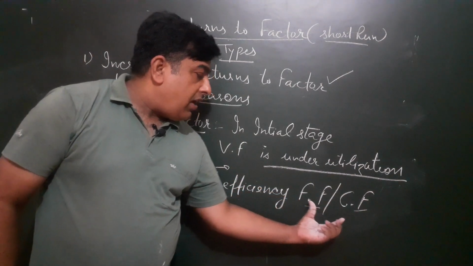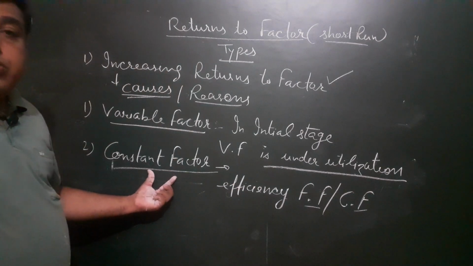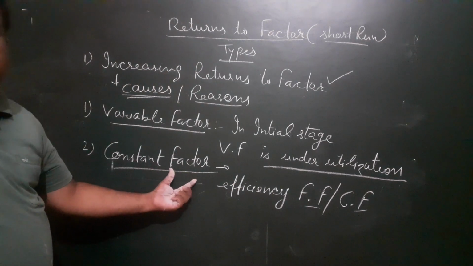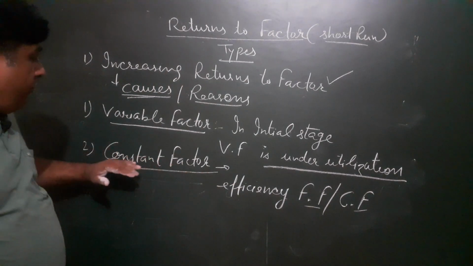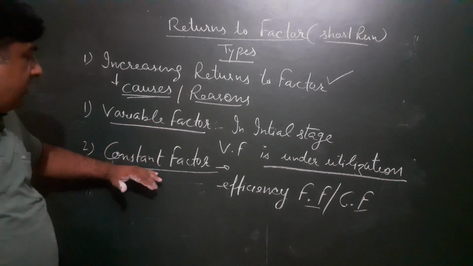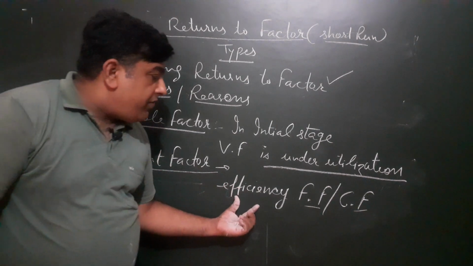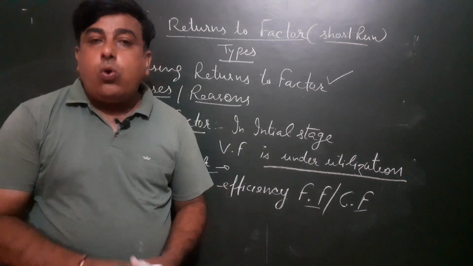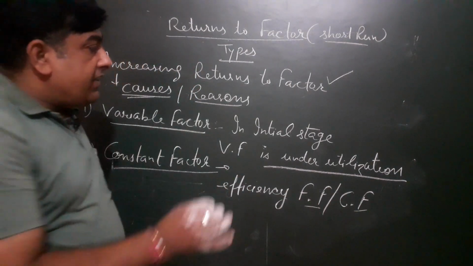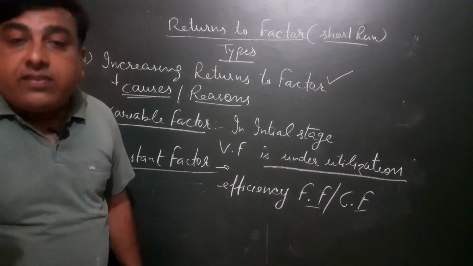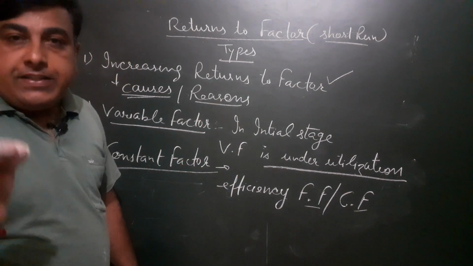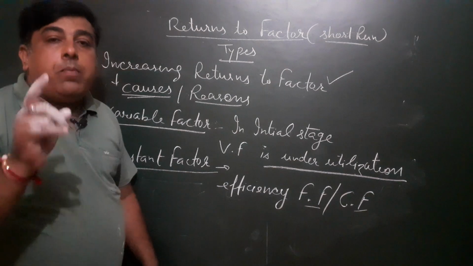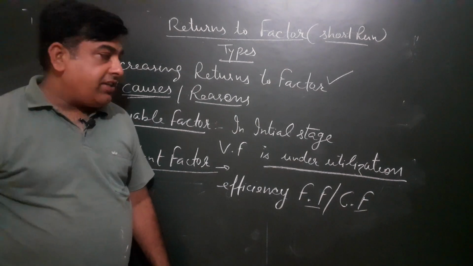These two names, fixed factor and constant factor, are synonyms. So in the beginning, there is an increase in total production at increasing rate, or marginal production is increased.